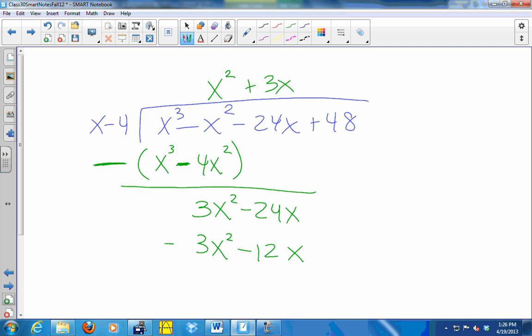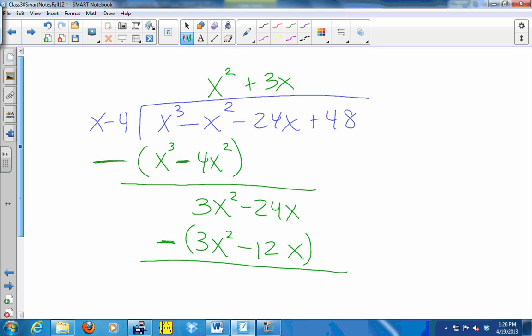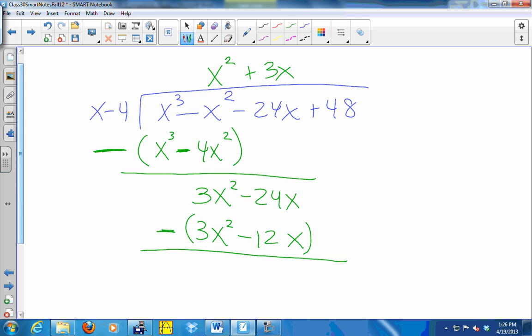And I have to subtract. Okay, so 3x squared minus 3x squared, those go away. Then I have negative 24x minus negative 12x. So that's negative 24x plus 12x, which is negative 12x. Then bring down the 48.